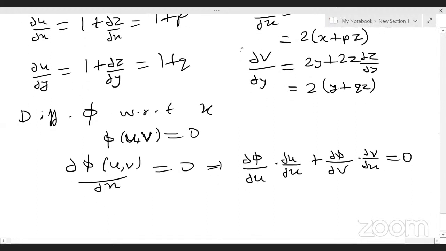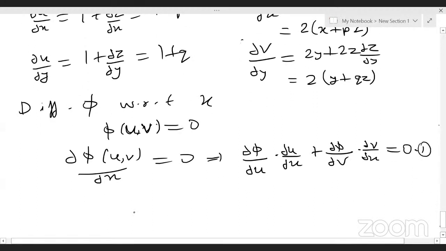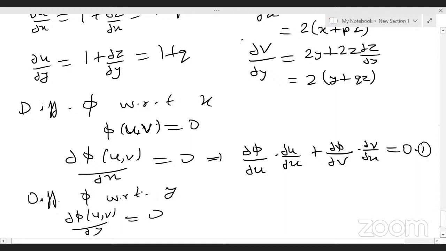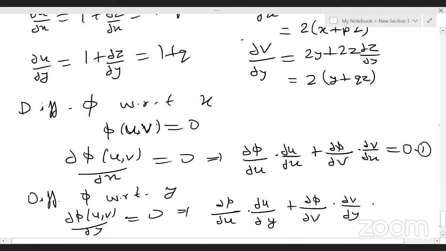Write this as the first equation. Similarly, if I differentiate phi with respect to y, del phi(u, v) by del y is equal to 0, because the right hand side is a constant, which will always give you 0. And by total differential, del phi by del y will be del phi by del u into del u by del y plus del phi by del v into del v by del y is equal to 0. This is the second equation.